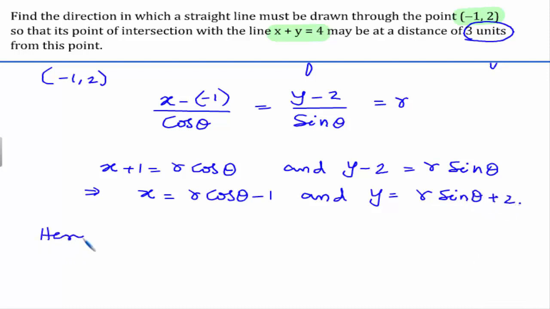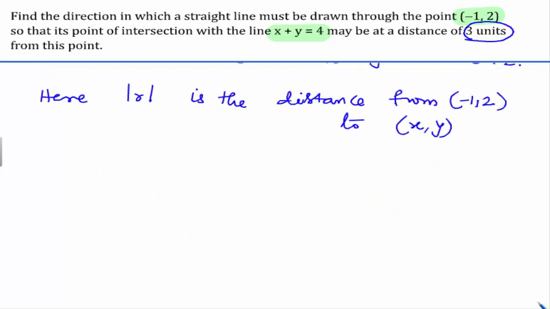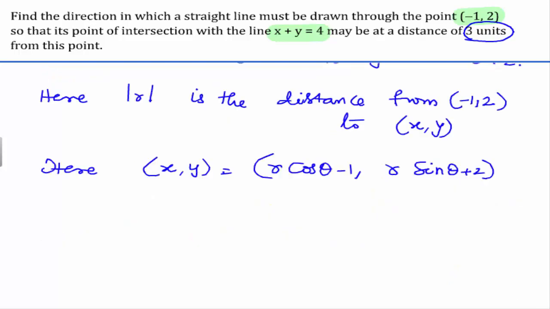And here modulus r is the distance from minus 1, 2 to the point x, y. Here x, y is r cos theta minus 1, r sin theta plus 2. And it is given that this point lies on this equation. Let us write that.